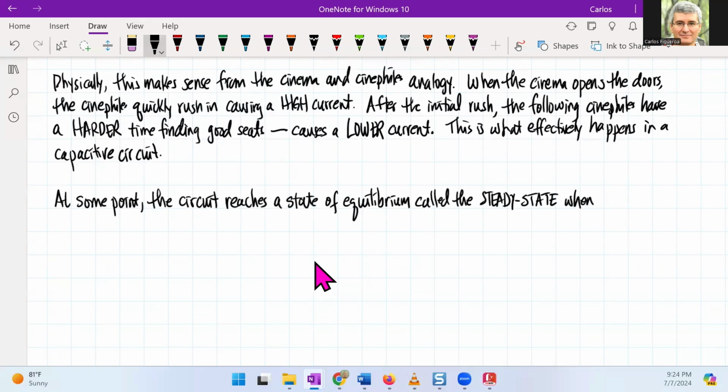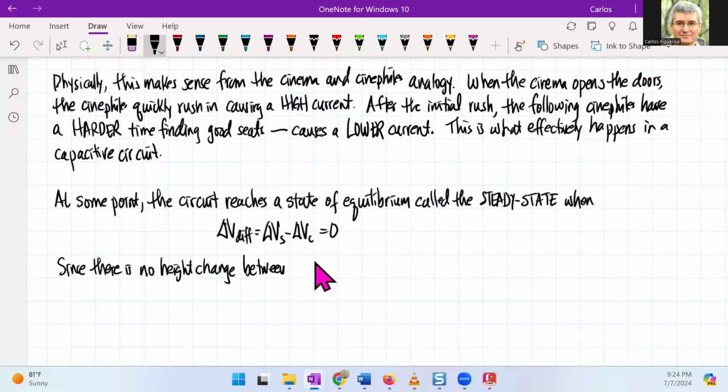When the voltage difference between the source and the capacitor is exactly zero, since there is no height change between the battery and capacitor, no more current will occur.